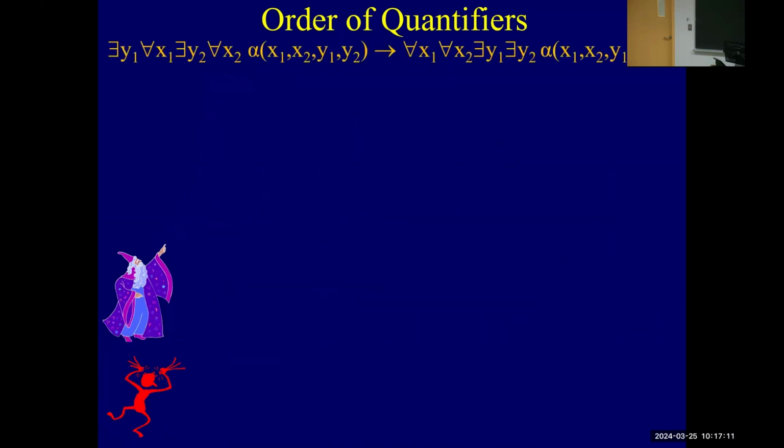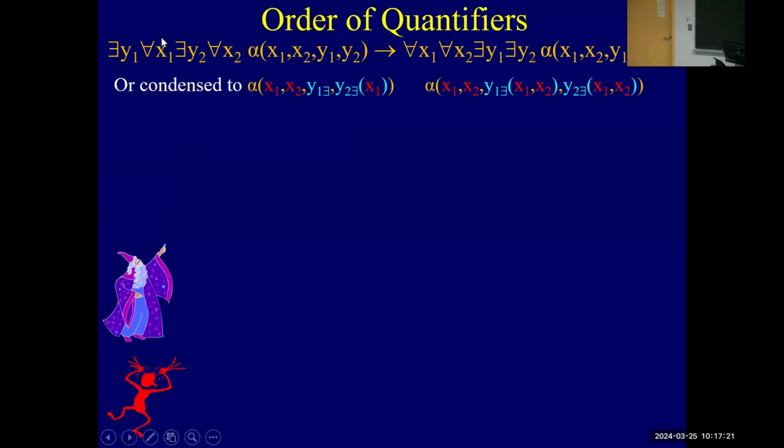All right, so now here's just a longer chain, and here we kind of condensed it to say, well, let's first take all the for alls. All the for alls are free variables given to us by some adversary. So I just banged in red free variables for the for alls, right? And then what am I banging in for the exists? Well, I have to think for each exists, what does it depend on?